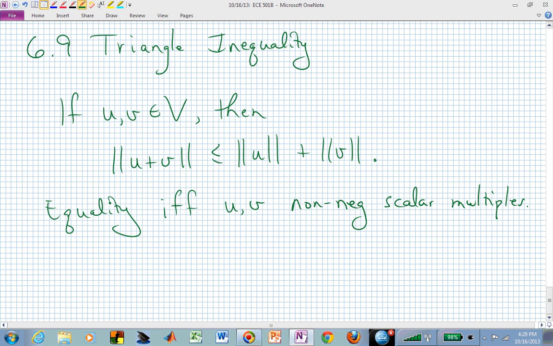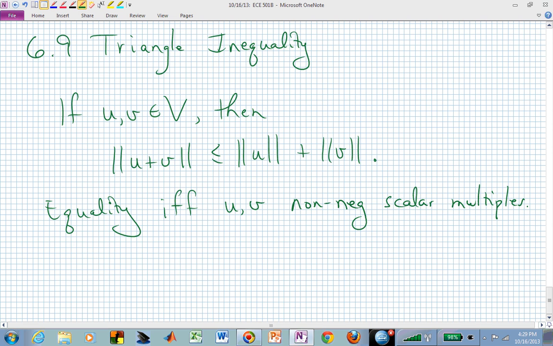Basically, u and v are aligned again. So your triangle is now basically all aligned if you're thinking of a triangle. Then you can have two sides equaling the third side. But if you pull that triangle apart, that's not going to be the case.